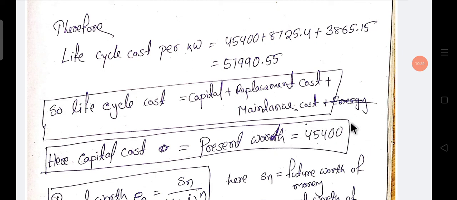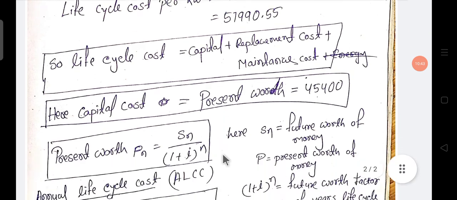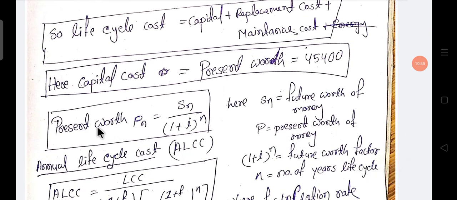So remember, capital cost is always the present worth. The present worth formula is Pn equal to Sn by (1 plus i) to the n.